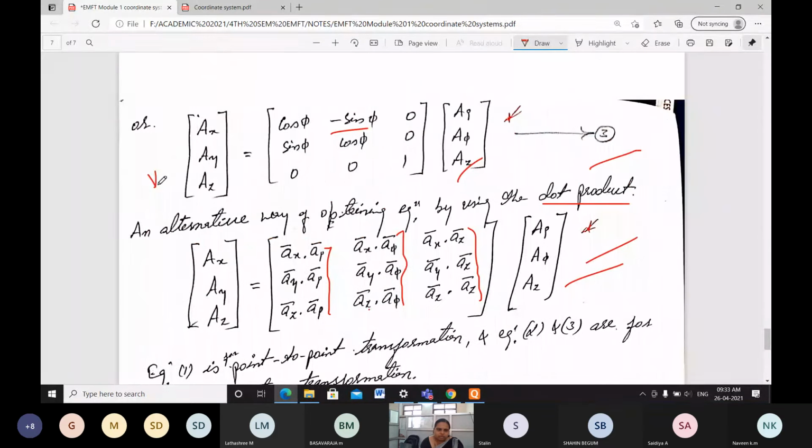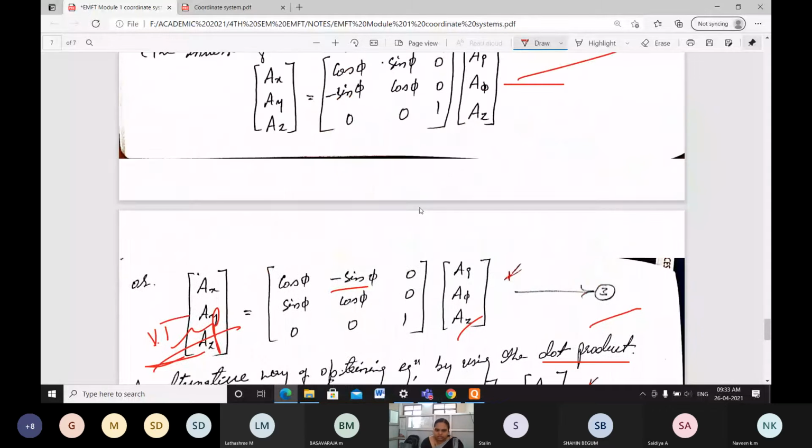Very important question. Today only, practice the relationship between your Cartesian and cylindrical.